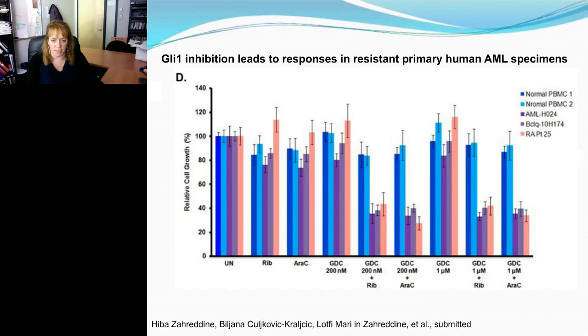So this is very interesting. The GDC alone is not having an effect. And I should note that all the drug concentrations we're using here are easily clinically achievable. GDC is found even at 10, 20 micromolar in plasma. So these are physiologically relevant concentrations. So what this shows us is that GLI1 inhibition can lead to responses in resistant primary human AML specimens, at least in colony growth assays.